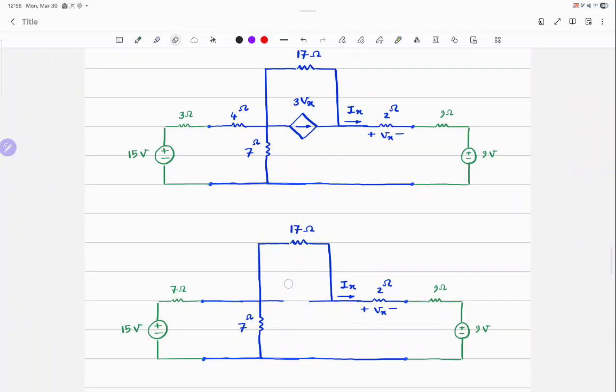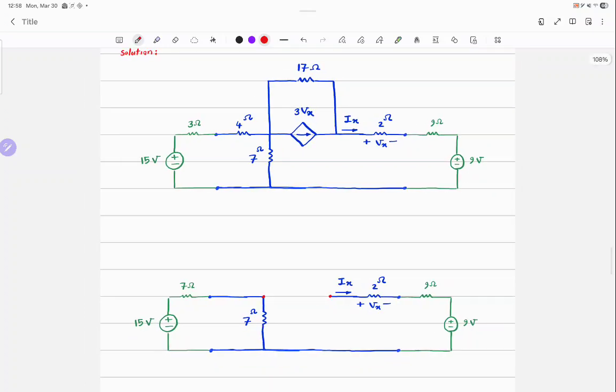This one. Isn't that a current source in parallel with a resistor? Isn't it? Yeah. Okay.